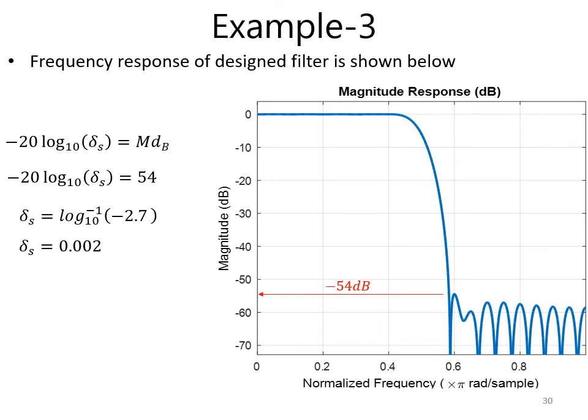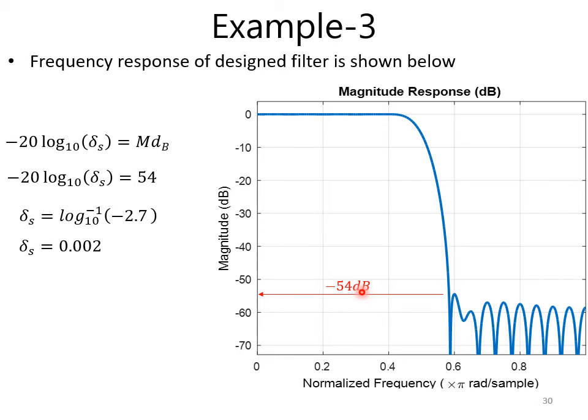The frequency response of the filter is shown here in this figure, and the magnitude response is now in decibels instead of simple magnitude response. You can see that in the stop band we have a maximum peak which is nearly equal to minus 54 dB, as given in the table.